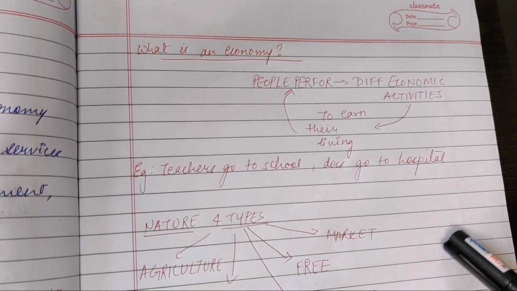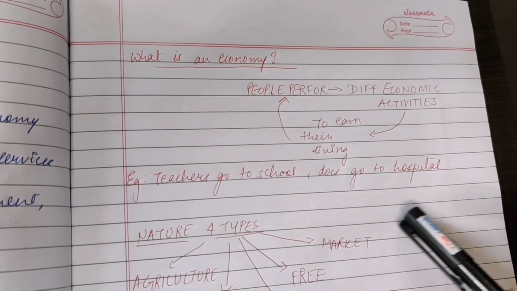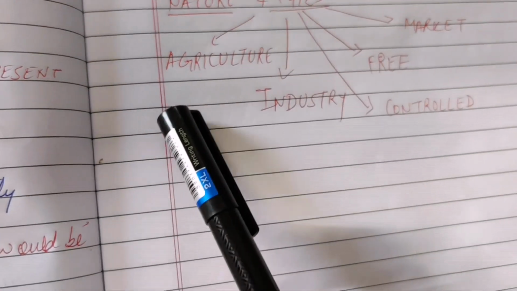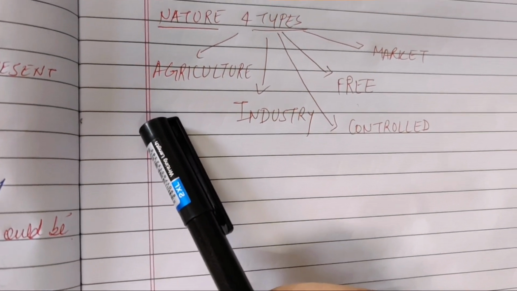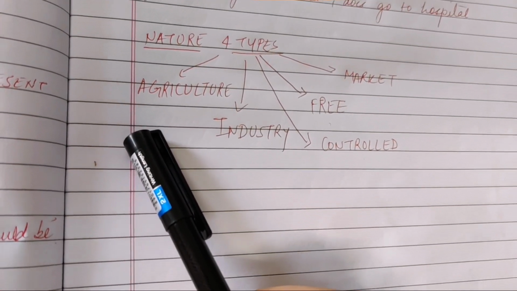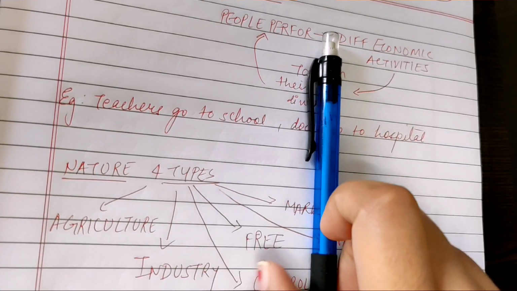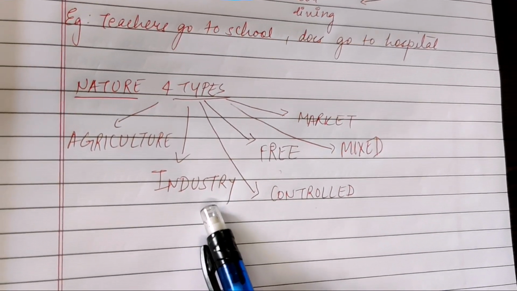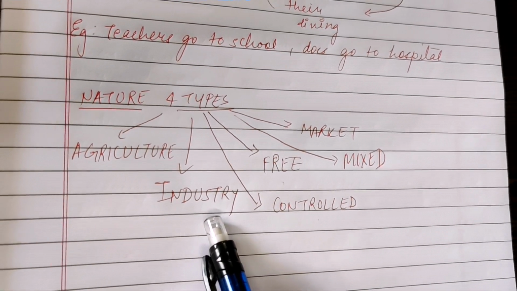The basic laws which are related to this are known as economy. Now, there are different types, like people who are engaged in agricultural activities is known as agricultural economy. People who are dealing in industry are known as industrial economy.